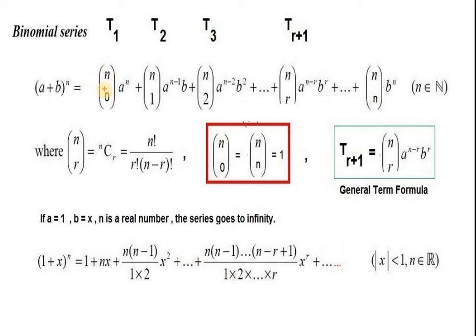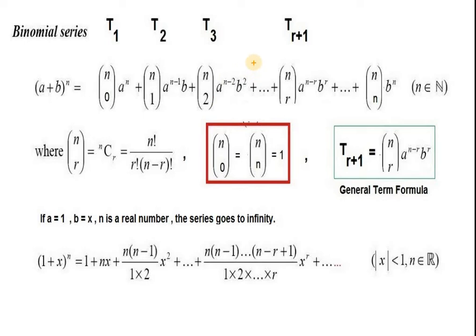When nC0 is equal to 1, or 1 power n is equal to 1, so here this is equal to 1. nC1, if here is 1, then we will write n as a single factor. So n is a single factor. In the denominator we can write this one as 1 factorial. Since here is nC2, we will write this as a product of 2 factors, n into (n minus 1), and this 2 will go as 2 factorial in the denominator.